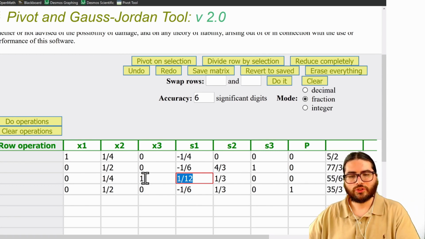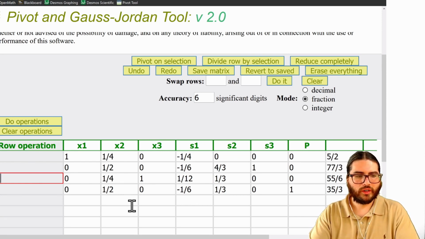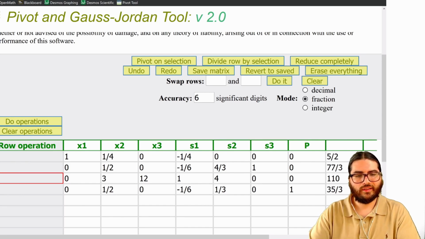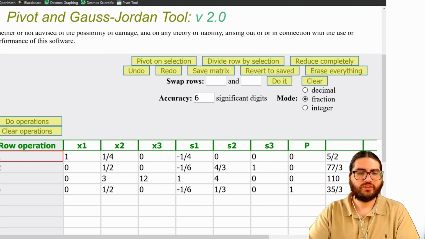Man, it just seems like we're shuffling all of these around. I brought them in and now I'm kicking them back out. To get rid of a 1/12, I multiply times 12/1. And yes, I know that I could have just said 12. So row 1 needs to change, row 2 needs to change, row 4 needs to change.